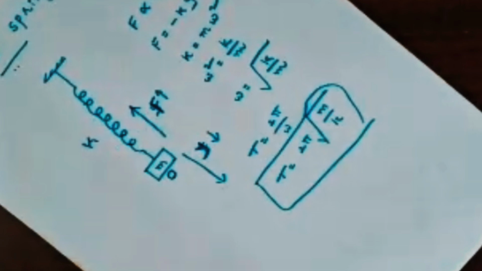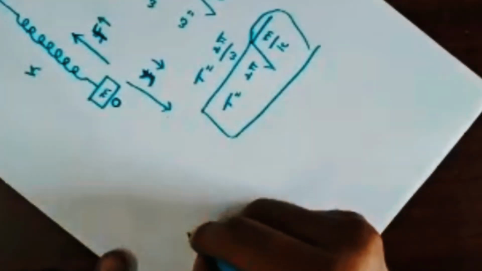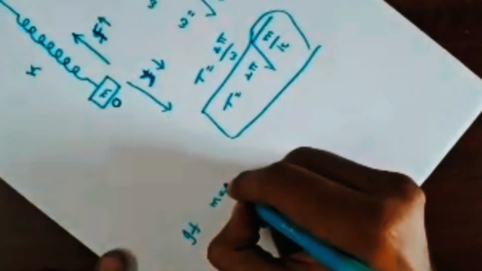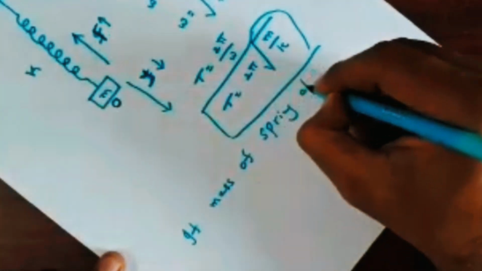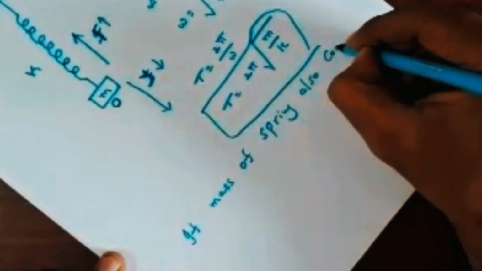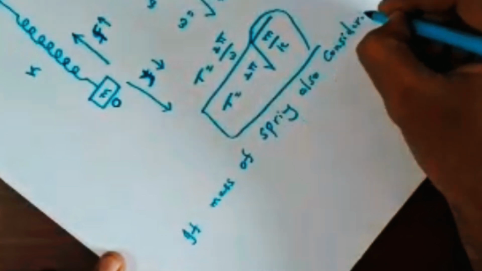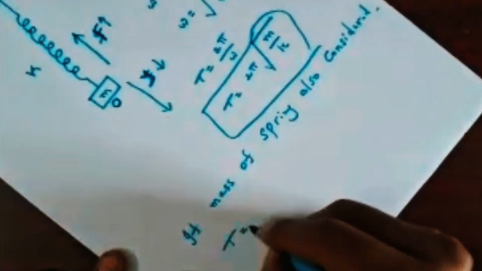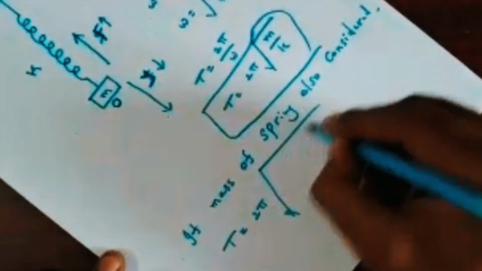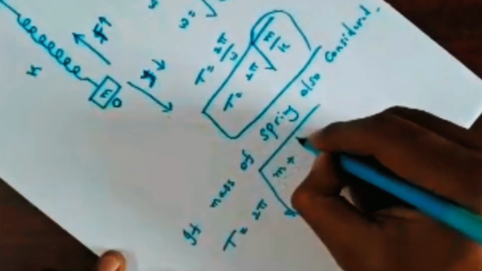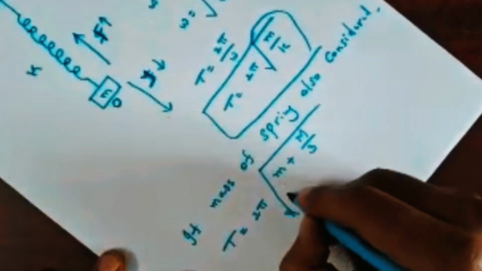If the mass of the spring is also taken into consideration, then what is the formula? If the mass of the spring is also considered, then the time period is T is equal to 2 pi root over m plus M by 3 by k.